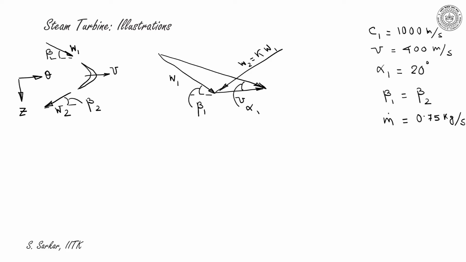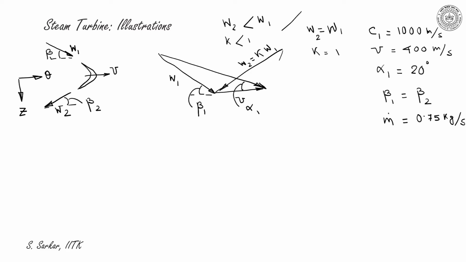So in reality, when there will be friction, W2 is less than W1. But when you neglect friction, W2 is equal to W1. In this case, K is equal to 1. In the frictional case, K is less than 1.